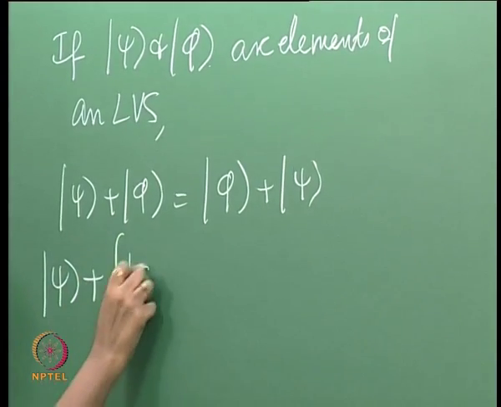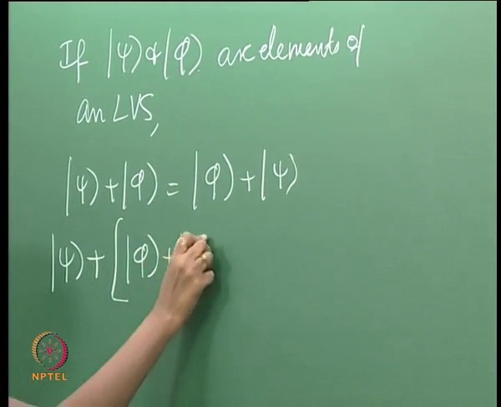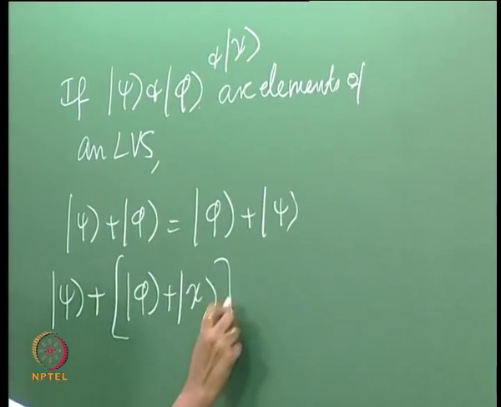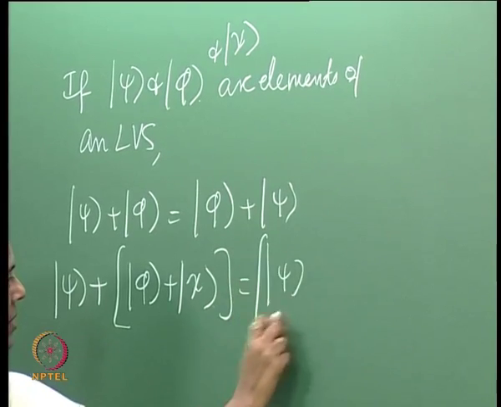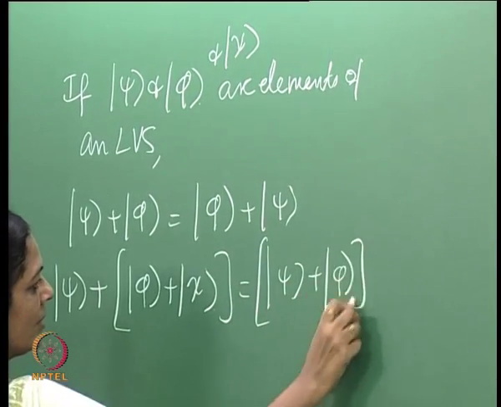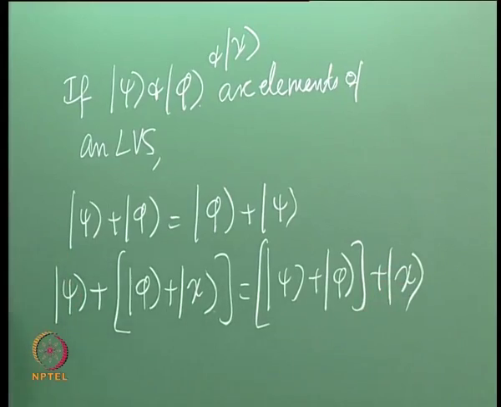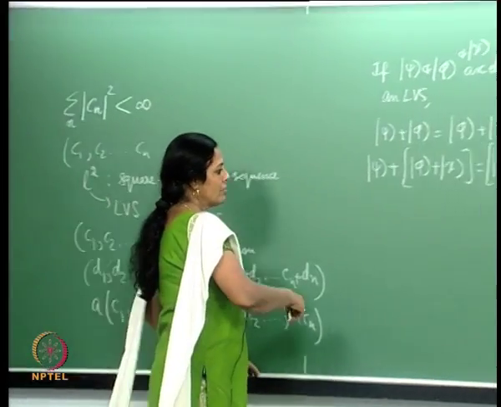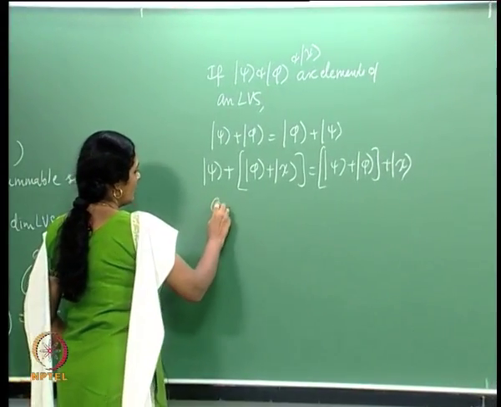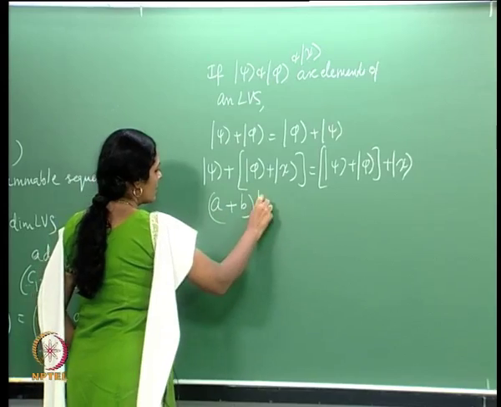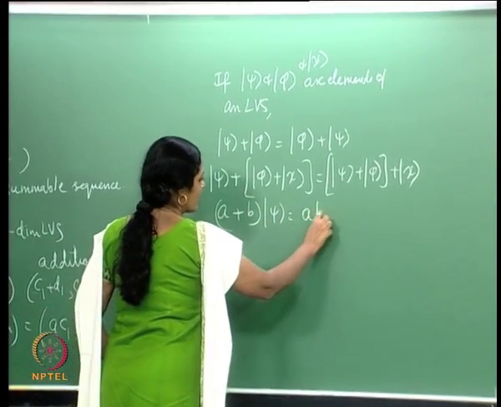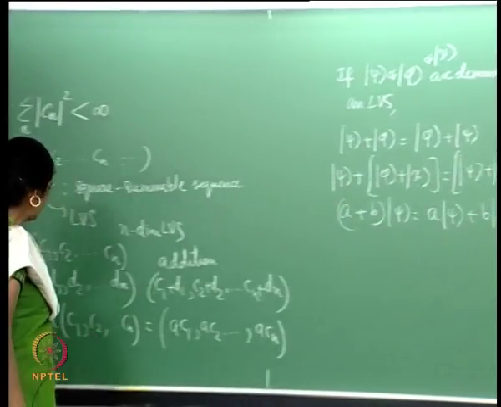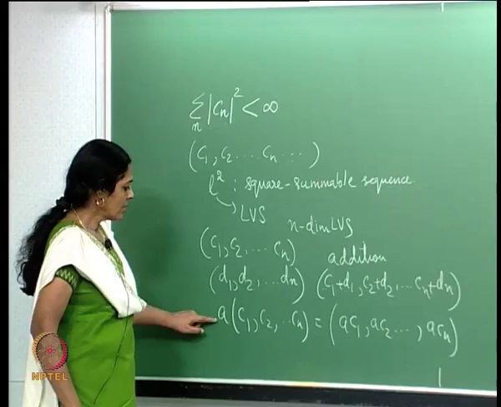Then there is associativity, and chi now. Psi plus phi plus chi is evident from the manner in which I have defined addition for these sequences. Then A plus B times psi, where A and B are scalars, is A psi plus B psi, which follows from this.